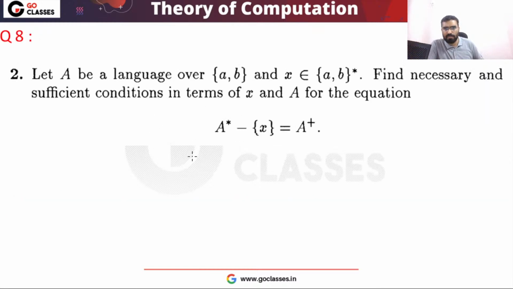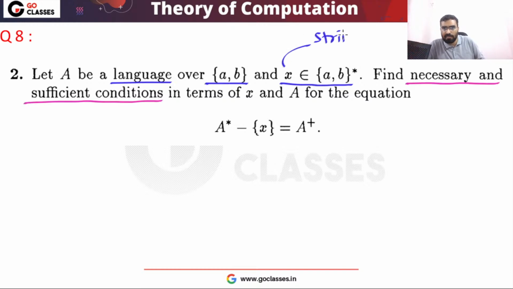What about this one? Find the necessary and sufficient conditions for this. The question is asking, find the necessary and sufficient condition. L is a language, already given to you. It is given L is a language over the alphabet A, B. X is a string.